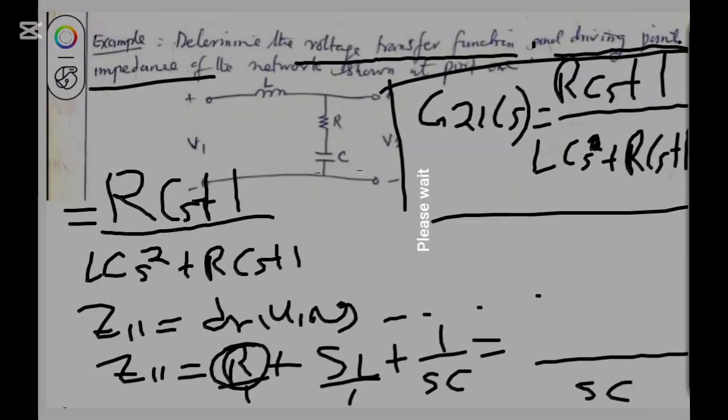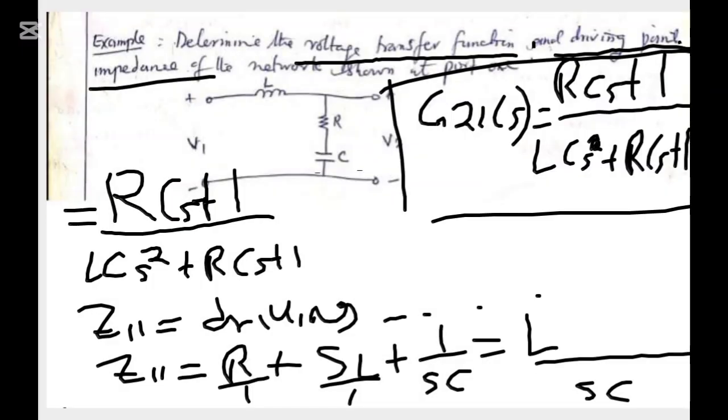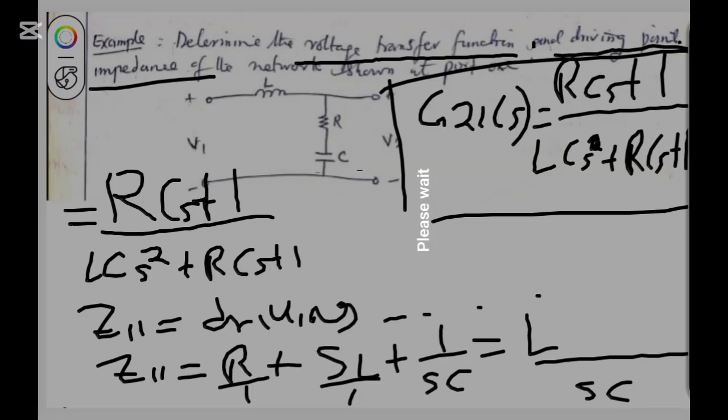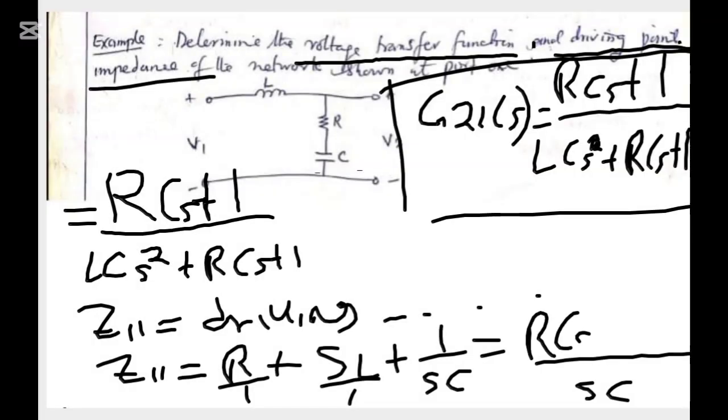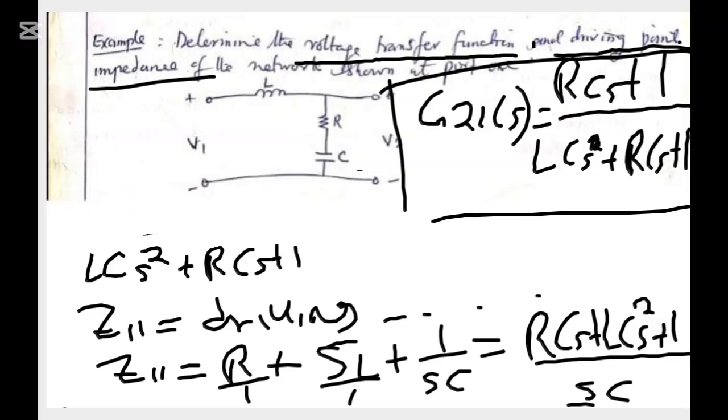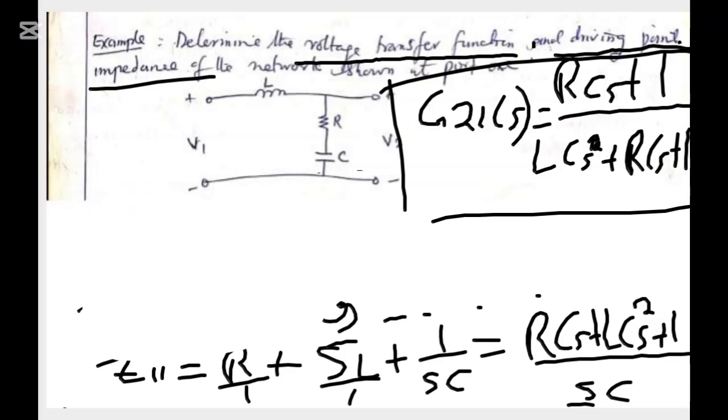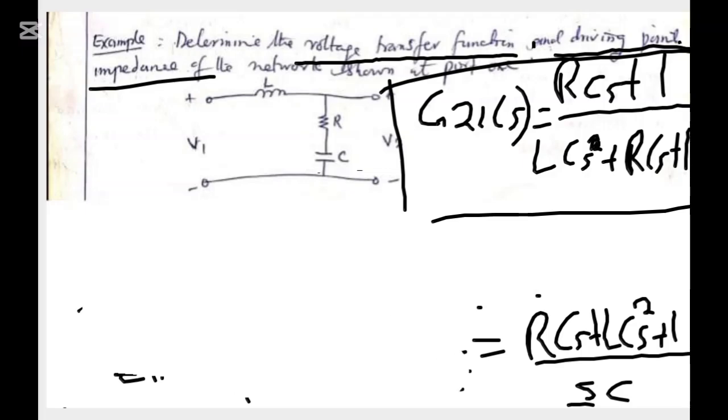So therefore I will get RCS plus, and if I multiply this by this, I will get LCS squared plus 1. So what will be the final solution to this driving point impedance?